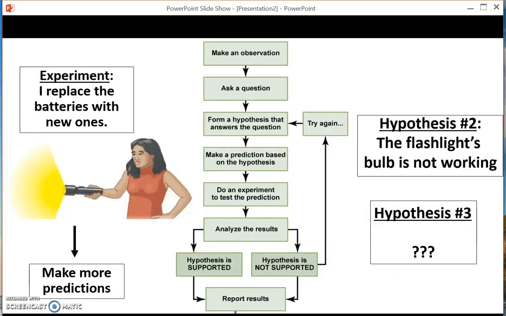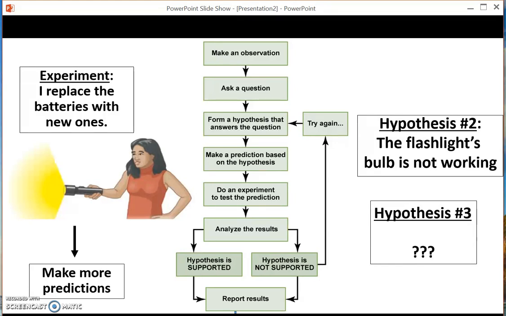And if we go on to think about this, here you can see that fork in the road on the left side there. The experiment, I replaced the batteries with new ones, and look, the flashlight turns on. That answered the hypothesis. Yes, my hypothesis was supported based on the experimental results.